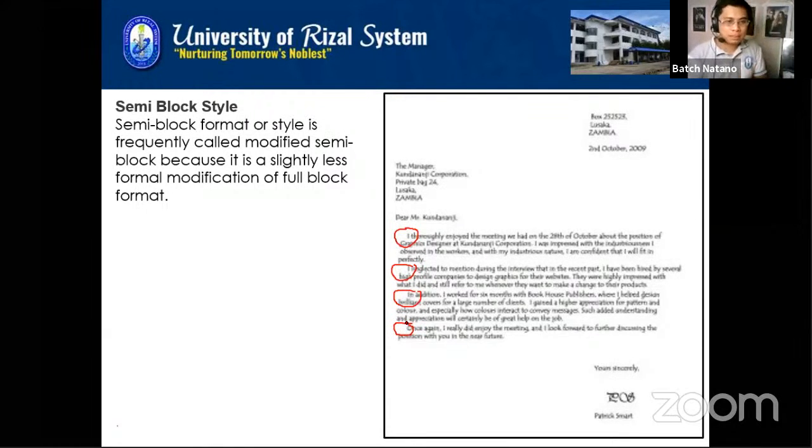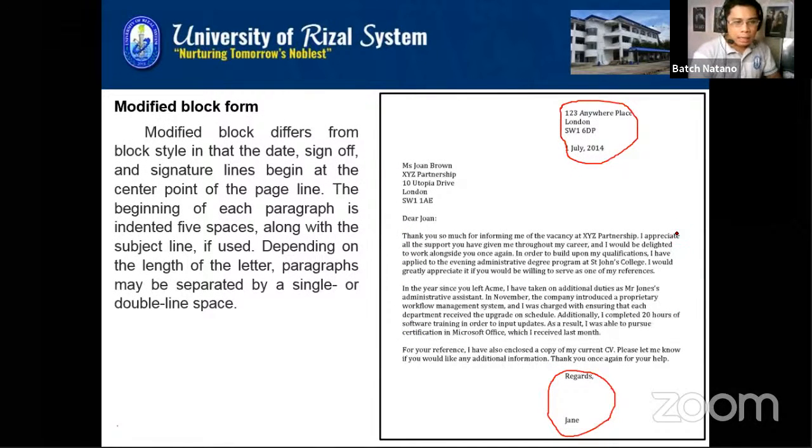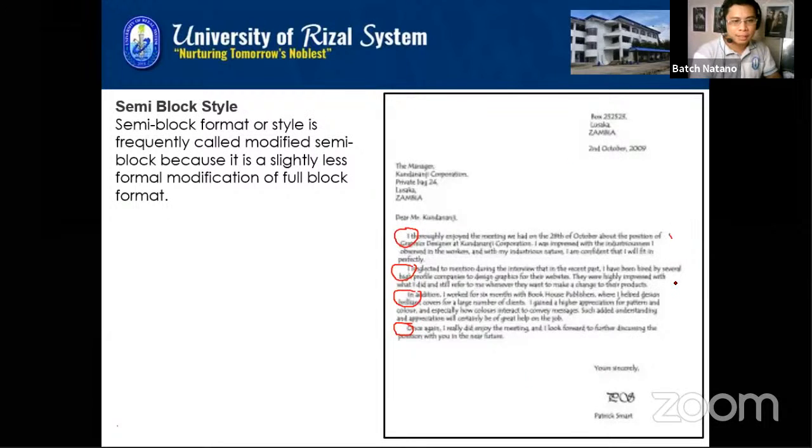By the way, you can justify the format. When you say justify, all lines are properly aligned. You can do that for the modified block format, and you can also do that in the semi-block format. So again, the difference between semi-block and modified block is that in semi-block, the paragraphs are indented. Those are the different forms of indentation.